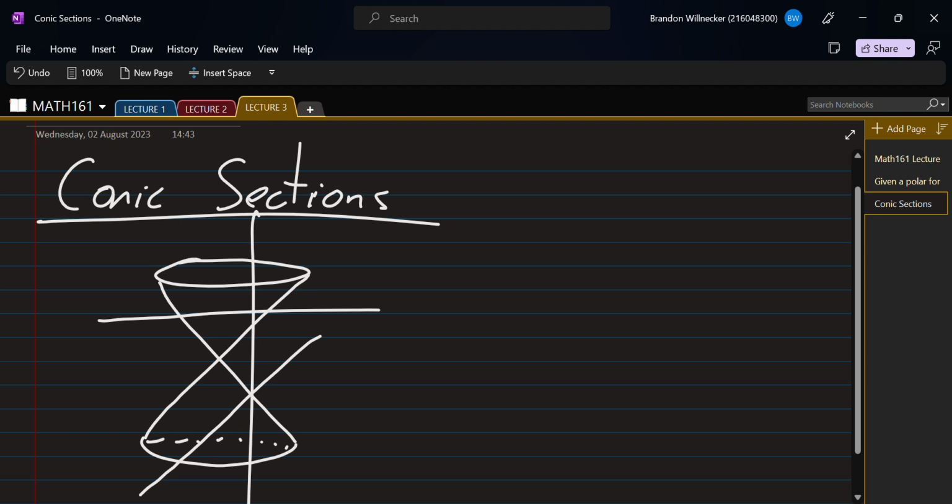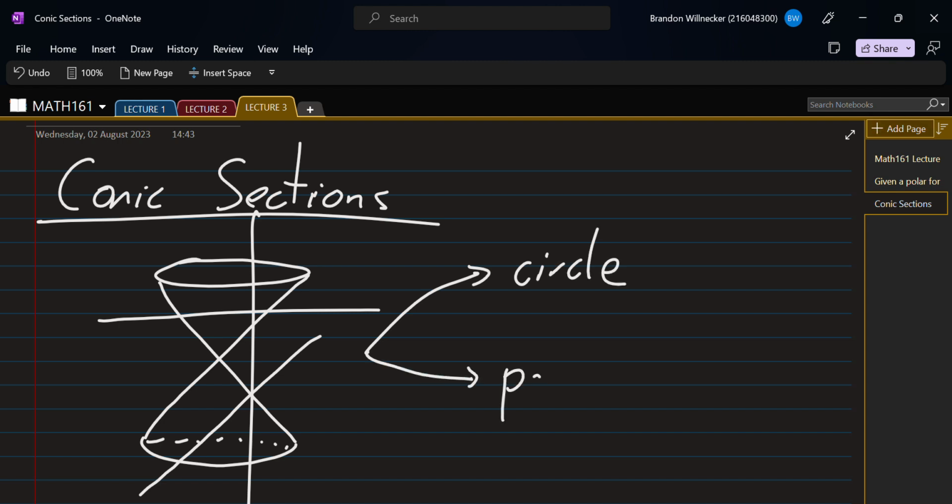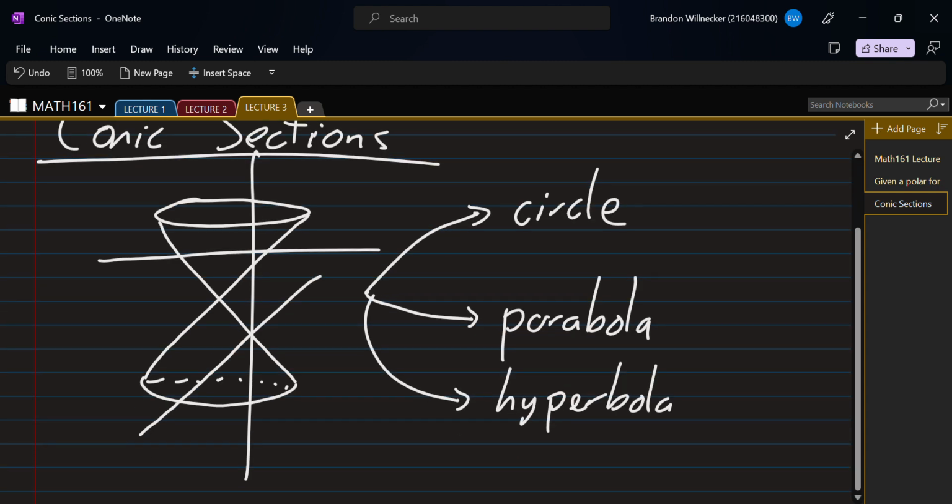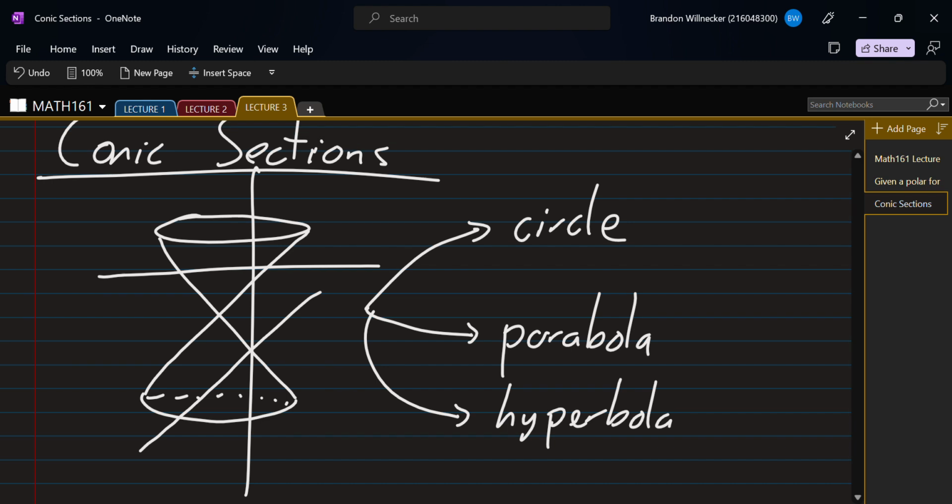So if I take a cone and I cut it different ways, I end up with a circle or a parabola, or a hyperbola. I will post some video links to show you this, and it shows you nicely the cutting process.